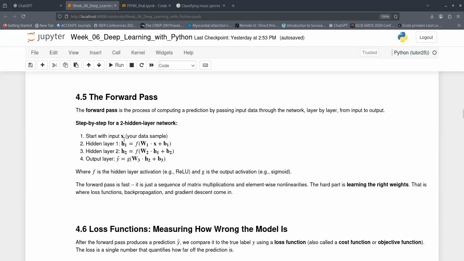So we start with an input X, that's your data sample that you come with. This X normally is X1, X2, X3, X4, because you have different features.